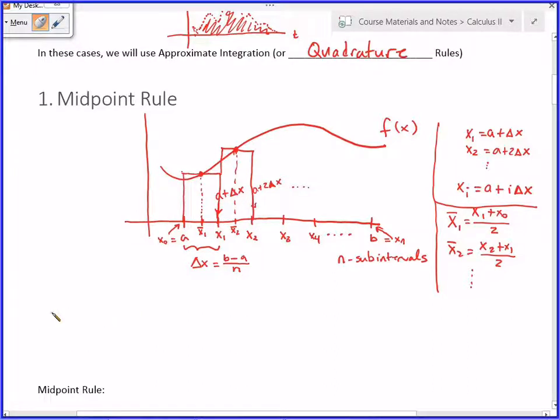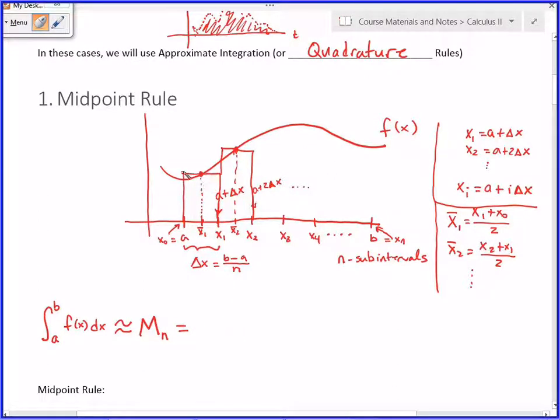So what I'm going to say is that the integral from a to b of f of x dx can be approximated by this capital M, which I'm going to let be the sum of all of these rectangles. Okay, M sub n, where n is the number of intervals.